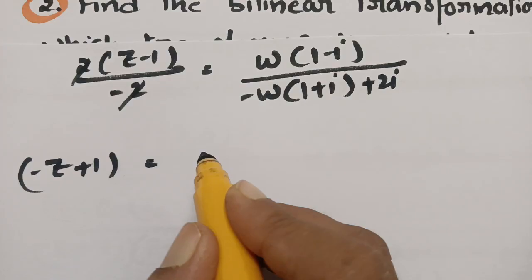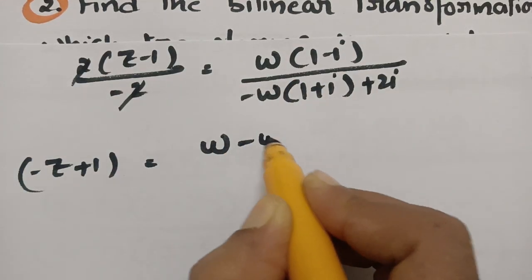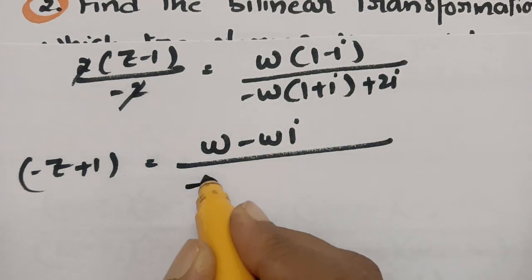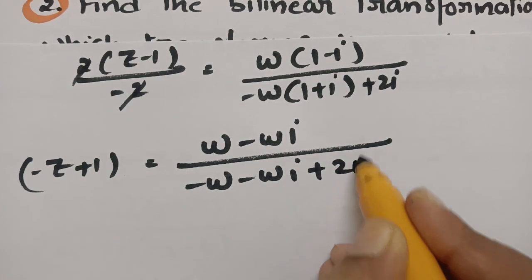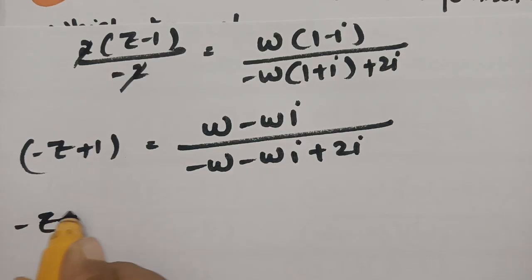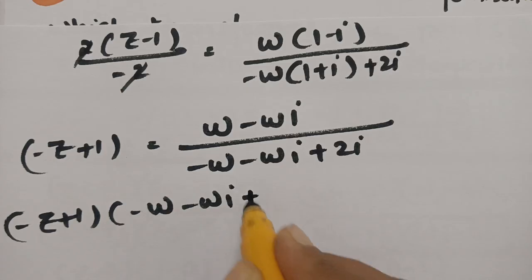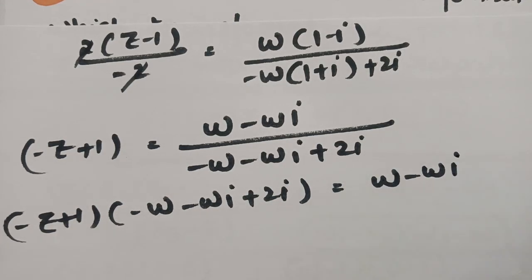And this value is going to become, so if I multiply, this is going to become w minus wi minus, see here, this is minus w minus wi plus 2i. So if I make a cross multiplication, this is minus z plus 1 into minus w minus wi plus 2i is equal to, this is w minus wi.